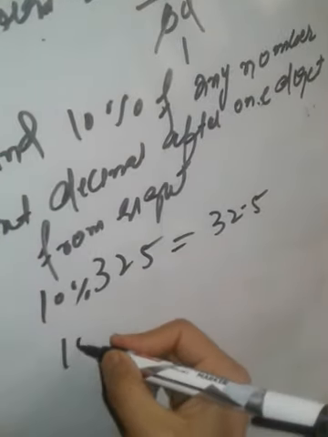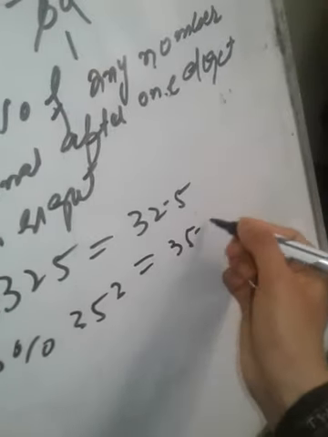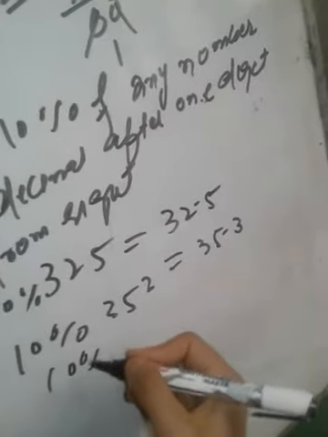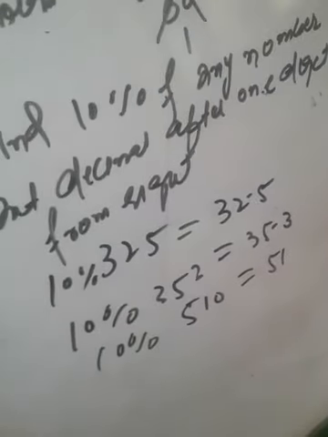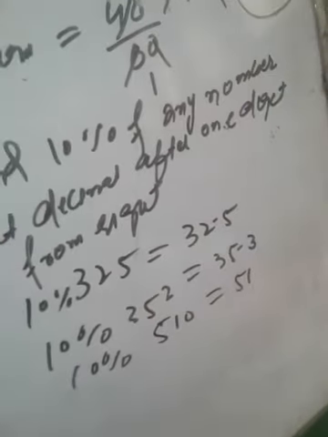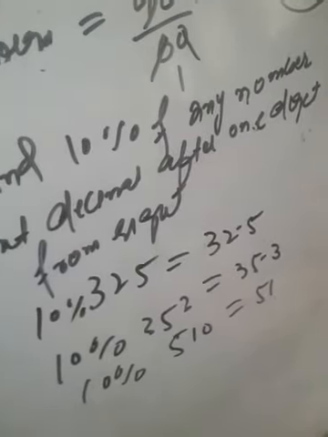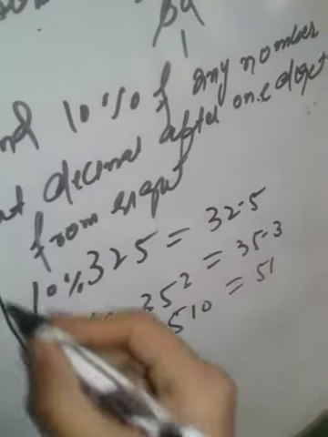For example, 10% of 353 is 35.3. 10% of 510 is 51.0, that is 51. So to find 10% of any number, remember to put the decimal from the right side after one digit. This is the simple thing you must know.